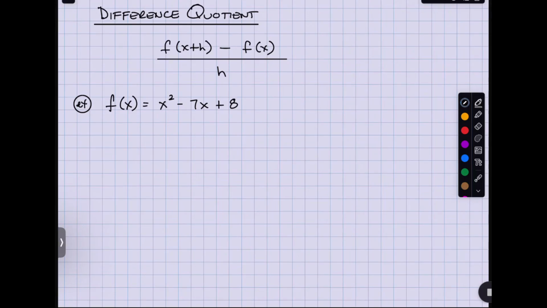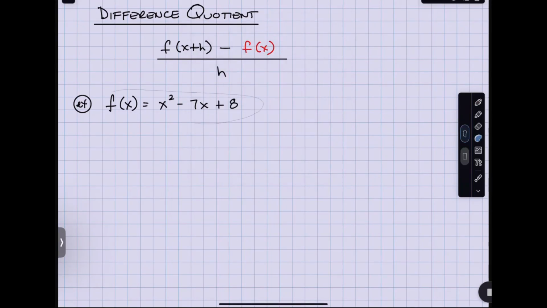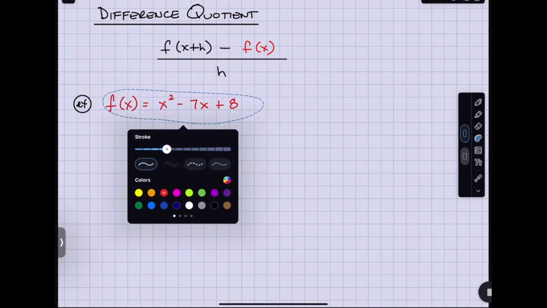So when we look at this and we look at what the difference quotient is, is there something that looks familiar or looks like the same? Anything look the same? The f of x, right? Because that's what is already given to you.